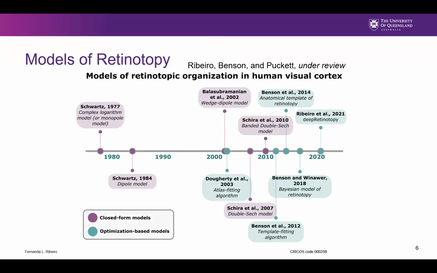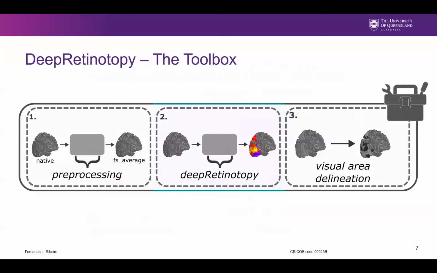So we can model that, right? And it's funny because the three of us are amongst these researchers that have contributed with models of retinotopy. And today I will show the model that I've built in my PhD, DeepRetinotopy. And DeepRetinotopy is the main component of this toolbox that I've been developing.